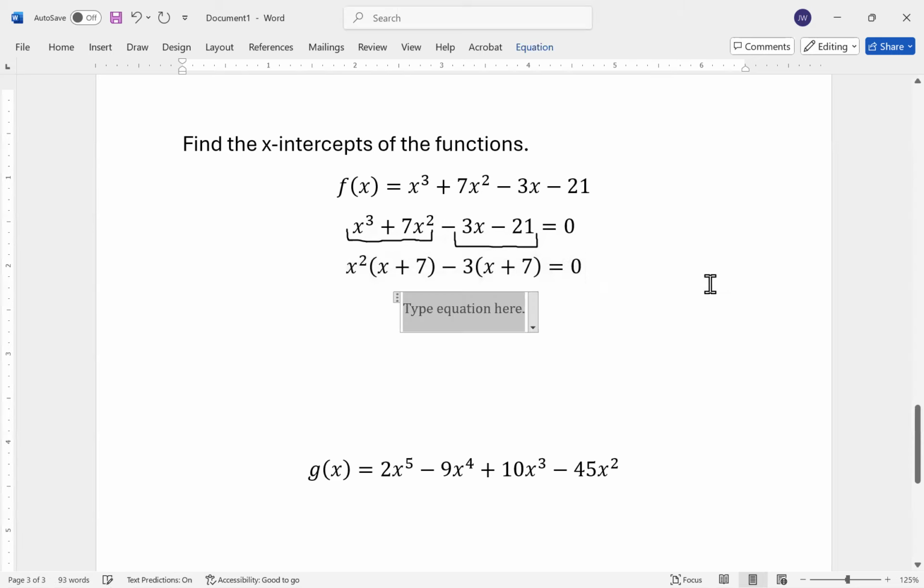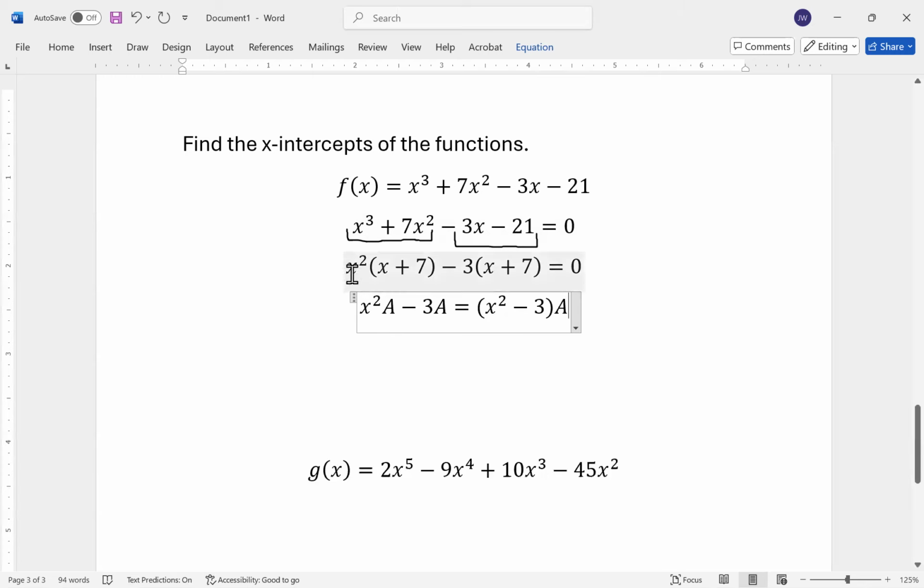Think about it like this: x squared times a minus 3 times a could have been rewritten as x squared minus 3, and I distribute the a. Well, the a here is just the x plus 7.